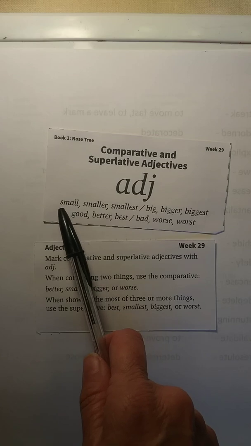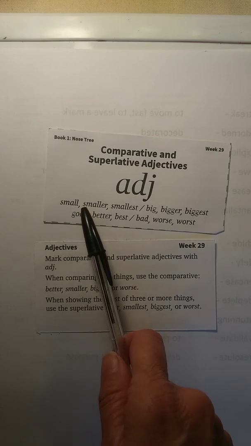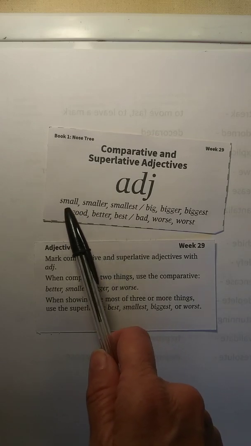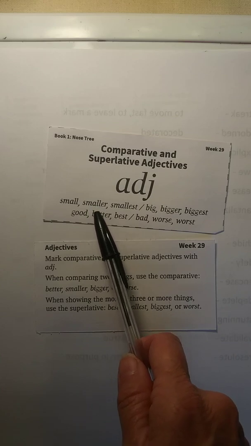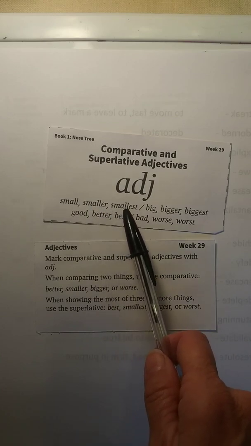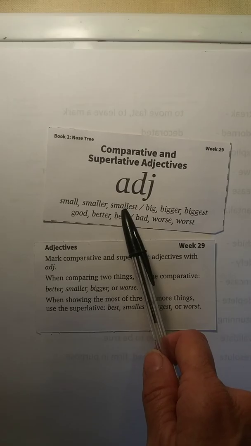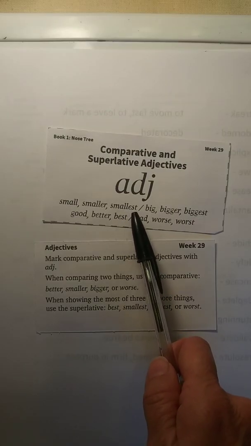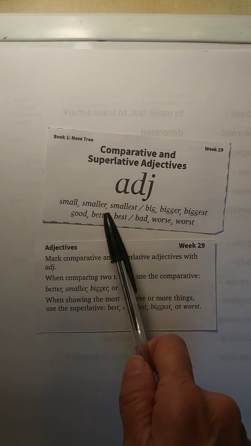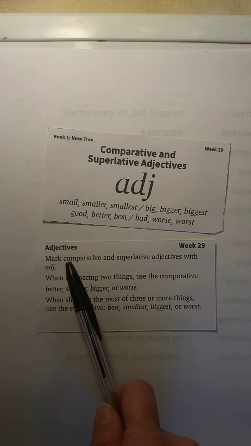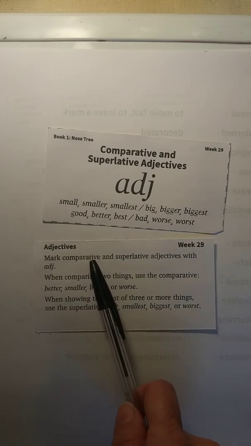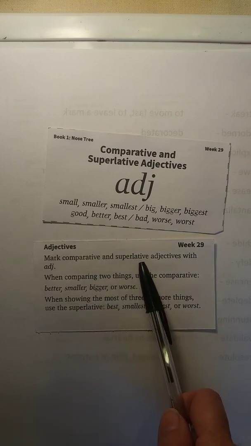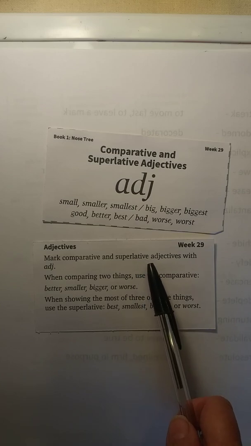If you say, this book is small, but that book is smaller, you're comparing this book to that book. If you have 3 books, or if you have 10 books, you might point to one of them and say, this is the smallest. So if you're comparing 3 or more, you use EST. If you're comparing 2 things, you just use ER. Okay? So comparative adjectives end in an ER. Superlative adjectives end with an EST.